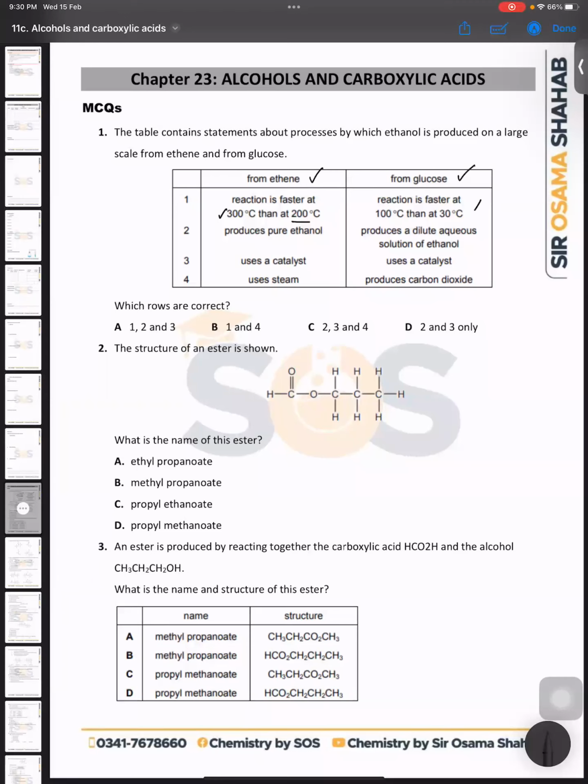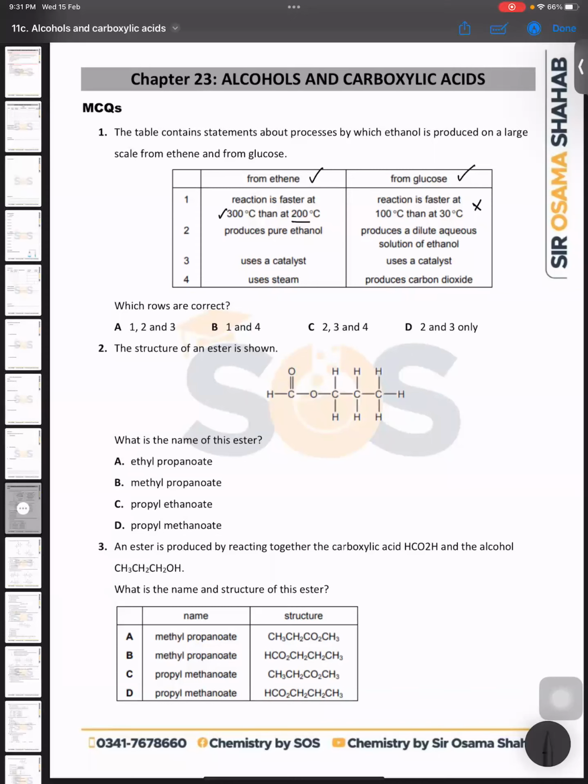No, this is not right, because when you are going to form alcohol or ethanol from glucose, it uses yeast over there, and yeast is actually a biocatalyst. So if you increase the temperature, it would be deactivated, right? So at 100 degrees centigrade, it is not going to be faster, right? So the first statement is not correct for both of them.